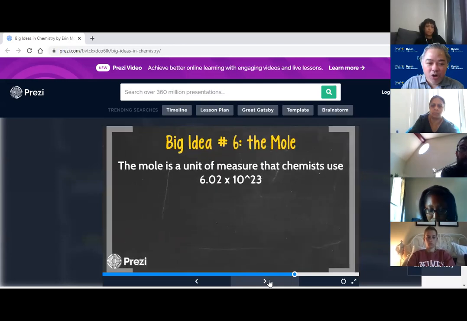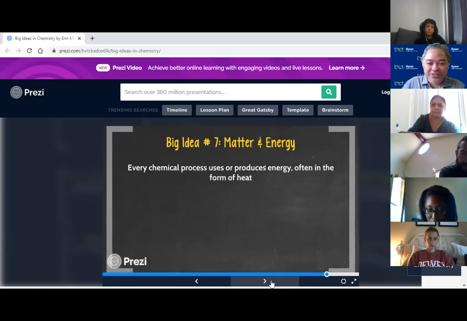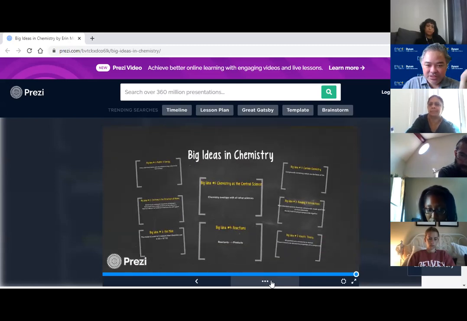And then the mole. The mole is a unit that chemists use. It's 6.0 times 10 to the 23rd, that's Avogadro's number. And then matter and energy: every chemical process uses or produces energy, often in the form of heat. Okay, so that's just one example.